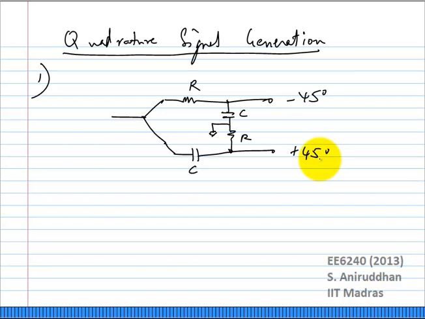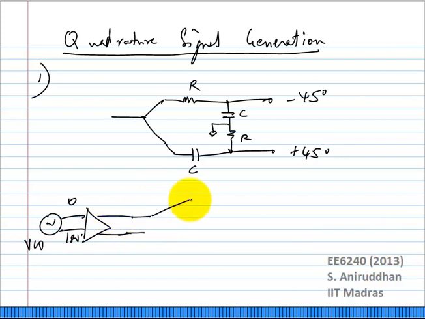Now we just have to extend this to actually generate differential versions of both the 0 and 90 degrees. So you need 0, 90, 180 and 270. Let's say this was 0 and 180 degrees. This is your VCO, so I buffer it up, and let me just draw out this circuit.